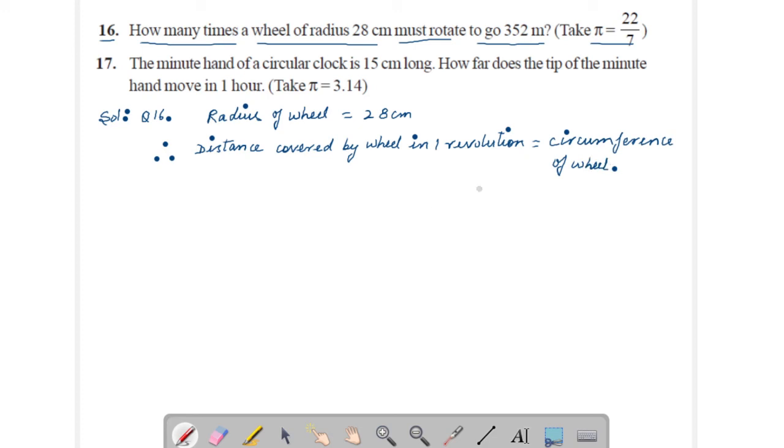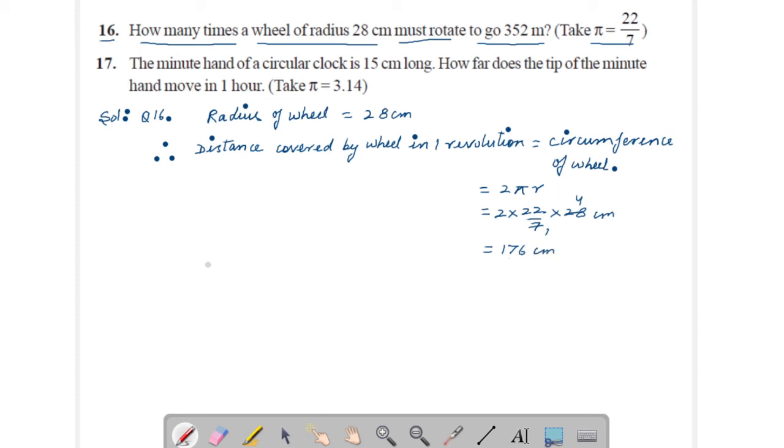It is equivalent to 2 pi r. Put the value of pi and r. 2 into value of pi is 22 upon 7 into radius 28 centimeter. Here cancel the terms. 7 ones are 7, 7 fours are 28. Multiply this, equal to 176 centimeter.